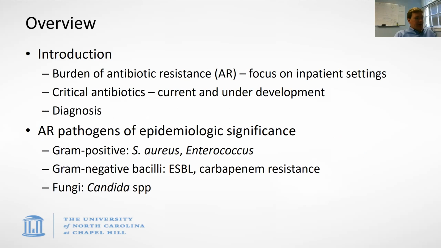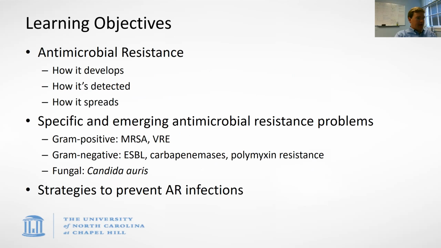Then I want to go through the most important antimicrobial resistant pathogens of epidemiologic significance. So in the gram-positive category, that would include Staph aureus and Enterococcus. Gram-negative, ESBL, carbapenem resistance, and others in that class, and then some antifungal resistant Candida species, including some emergent ones that you all have probably heard about.